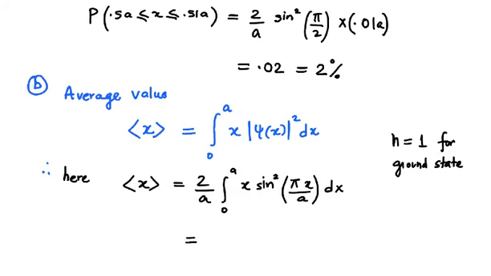For part A also I forgot to mention it's for the ground state, so n equals 1 in the wave function in part A as well. If I ask you a problem in exam or homework, it will be specified whether it's for the ground state or for nth excited state, and you can choose the wave function accordingly. So here average value comes out to be a by 2.